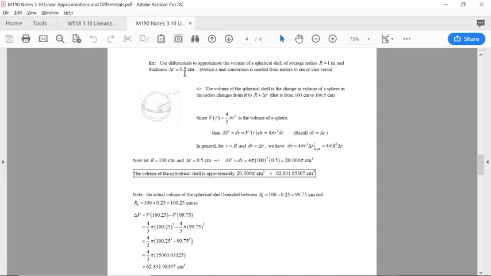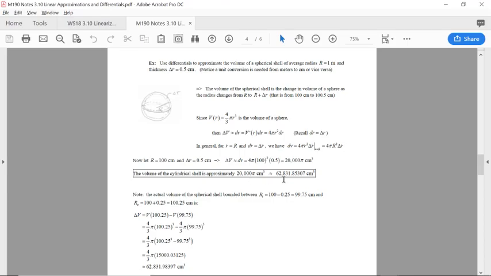So we were given a delta r of 0.5, that's what we'll use for our dr. So we plug those quantities in, right? We plug 100 for r and 0.5 for dr, and we get this number, 20,000 pi cubic centimeters. That's our dV using our differential, and it is an approximation for the delta V.